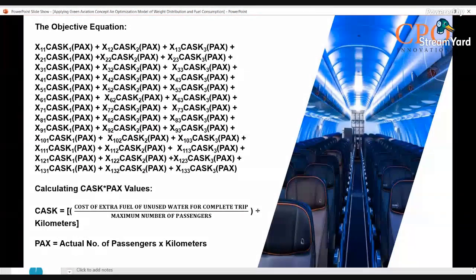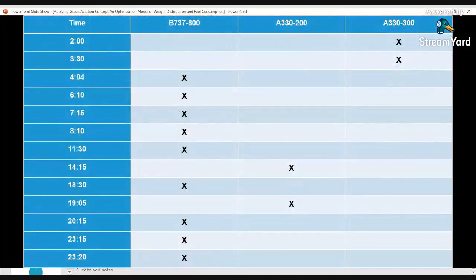We added all these equations, the constraints, the variables, everything to an Excel sheet, and we used the Solver to calculate the optimal plane to take off on which optimal departure time, so we can minimize the amount of unused water, the amount of consumed water, the amount of fuel burn, and all of that.